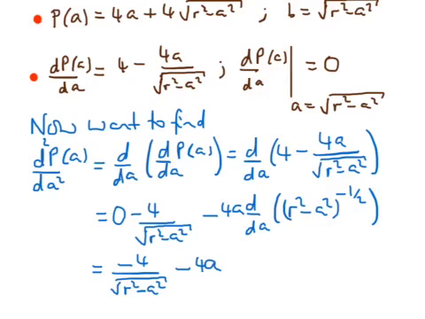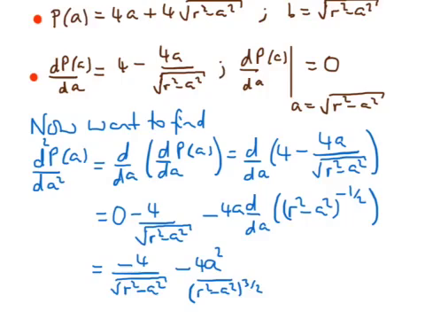We have an a from this term here, another a when we differentiate what's inside the brackets. We're going to get 2 minus signs which will end up cancelling. So I'm going to get minus 4a squared, and the r squared minus a squared to the minus a half is going to be replaced by r squared minus a squared to the power of 3 halves on the bottom.